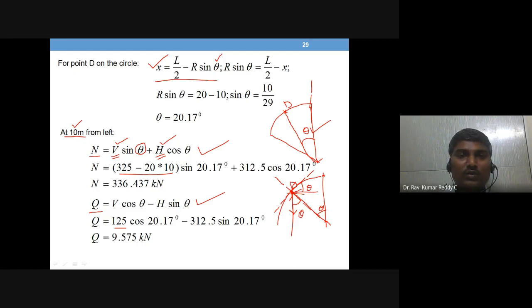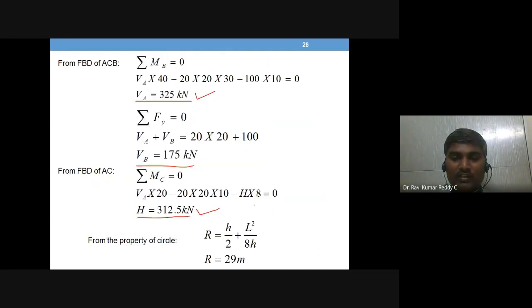So where you have theta in this equation, this is what we want. And you know the x value, which means the point selected, that means 10 meters. So x is 10 meters. And you know the L value, the span of the arch. And to get theta, you need the R value, the radius of that circular arch. Only when you are able to get the R value are you able to solve for theta. So how to get the R value?